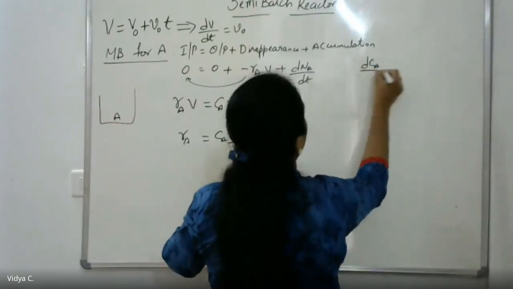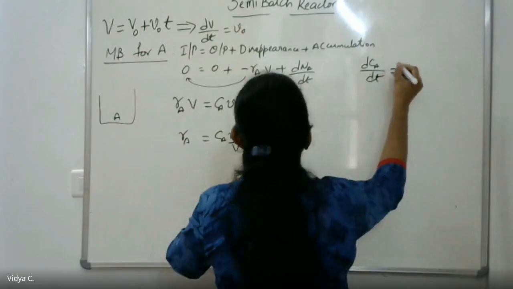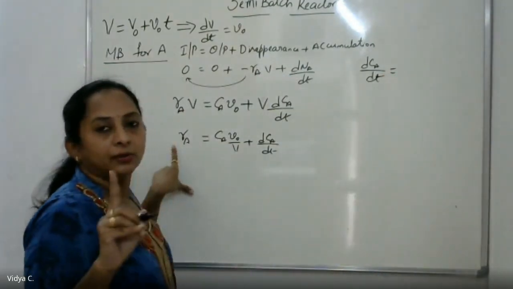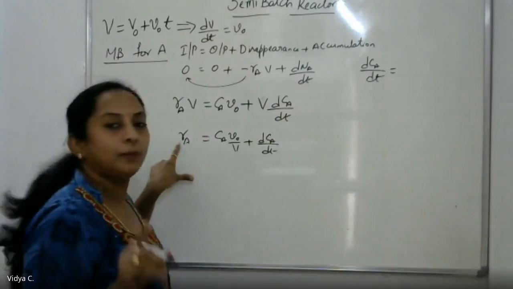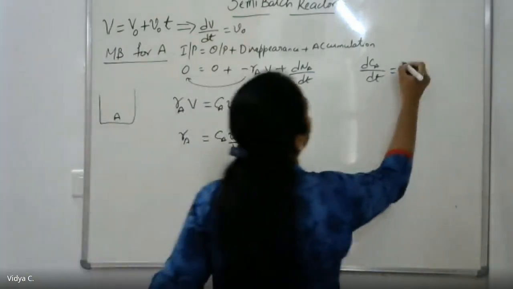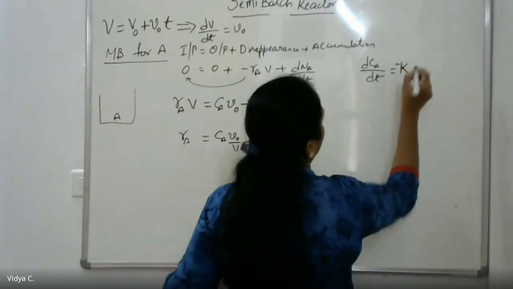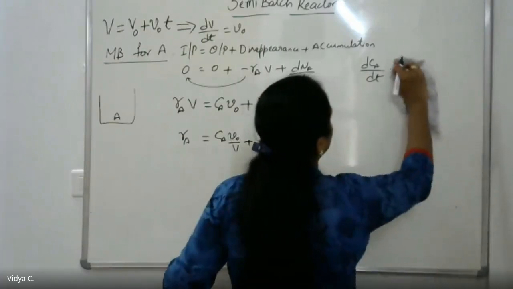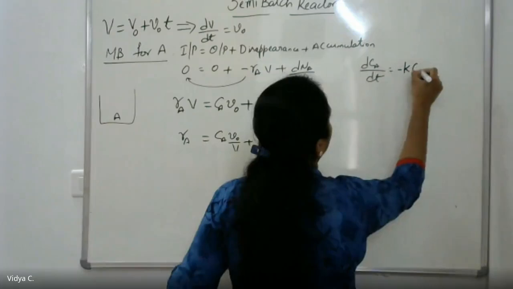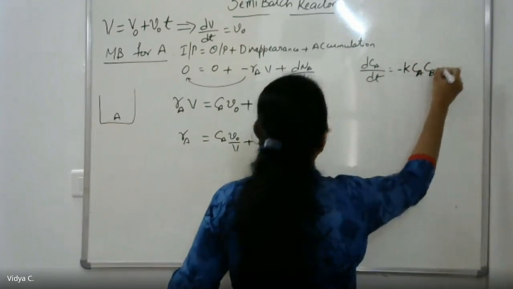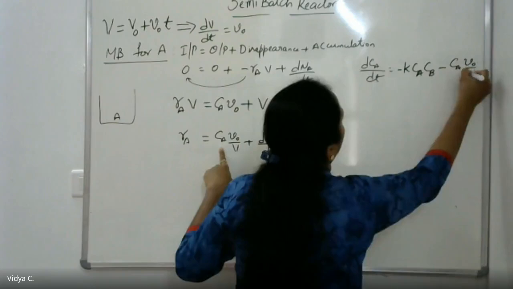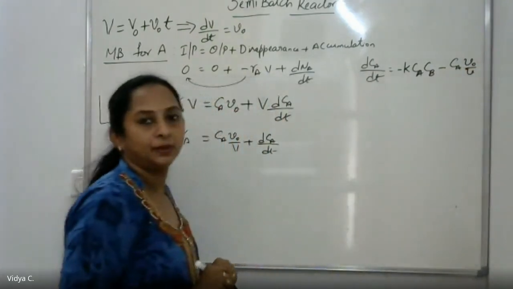dCA by dt is equal to, what is RA? See, minus RA equal to K CA CB. And what do I have here? Plus RA. So plus RA will be minus K CA CB, which can be written as dCA by dt equal to minus K CA CB minus CA into V naught by V. Okay.